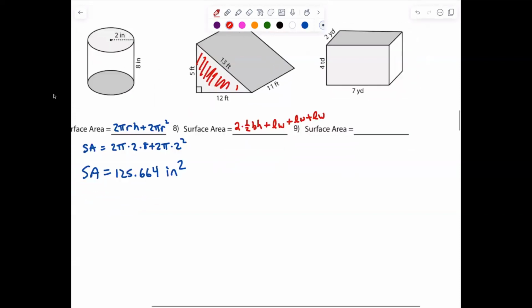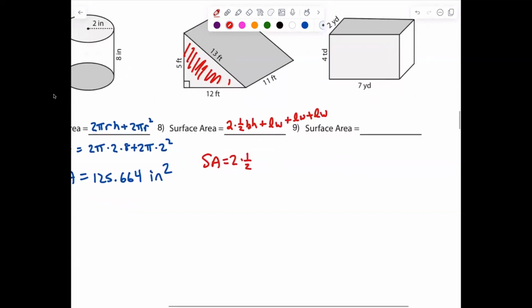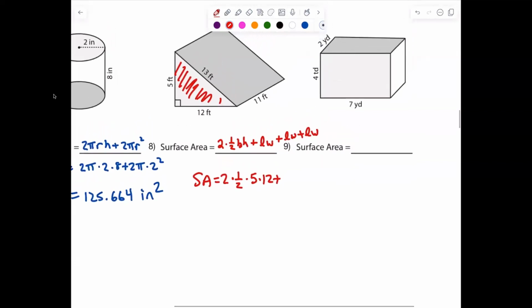So help me out. Surface area equals 2 times 1/2. I need help with the triangle. What's the base and height of the triangle? 12 and 5. Thank you very much. All right. What's the rectangle on the bottom? What are those dimensions? 12 times 11.